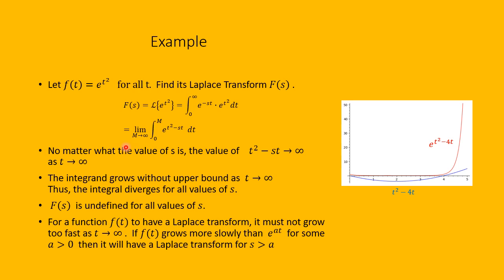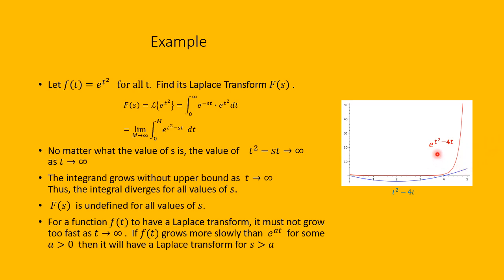Now, if we look at this exponent for a minute, no matter what the value of s is here, the value of t squared minus s times t goes to infinity as t goes to infinity. Here's an example. Suppose I let s be 4 for a second. Look at the graph of t squared minus 4t. It looks like this, and as t gets larger and larger, this curve keeps going up.